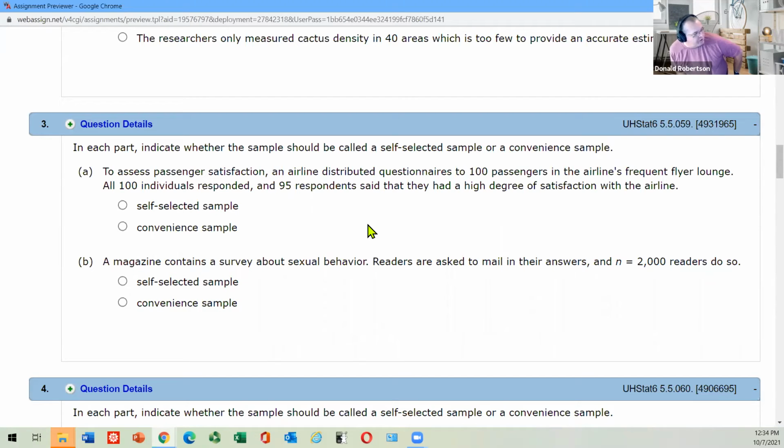All 100 individuals responded, and 95 of them said that they had a high degree of satisfaction with that airline. What kind is it, convenience or self-selected? You've got to be careful. Think like you're a lawyer.